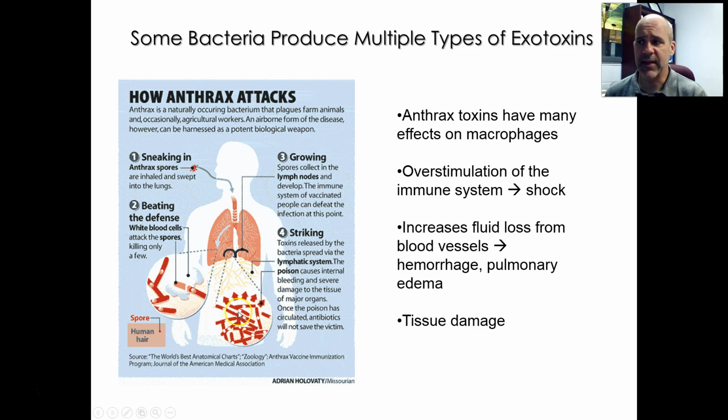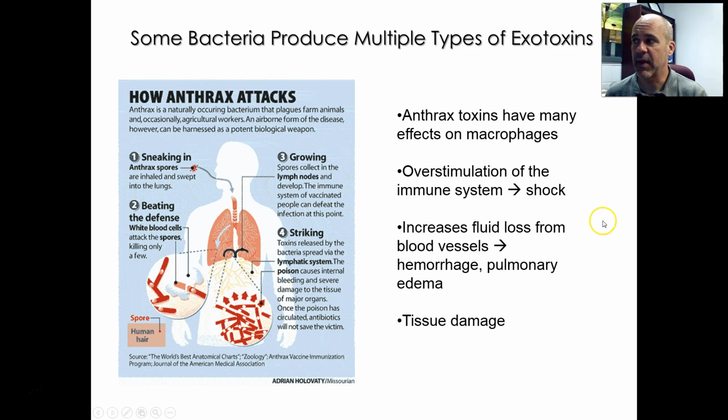Then those Bacillus anthracis bacteria start releasing these exotoxins that spread throughout the body and cause widespread problems. So they'll cause hemorrhaging, they damage blood vessels, you'll have pulmonary edema, fluid that builds up in the lungs. Pretty nasty stuff. A lot of this is due to blood vessel damage.